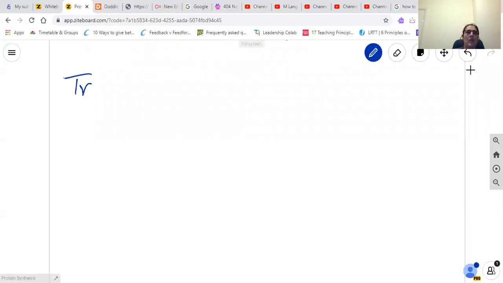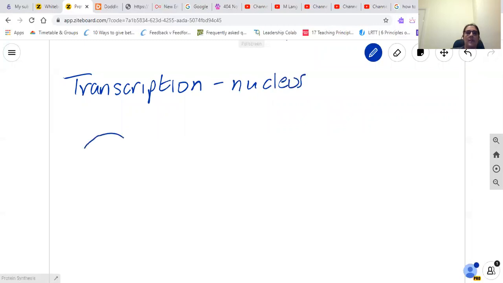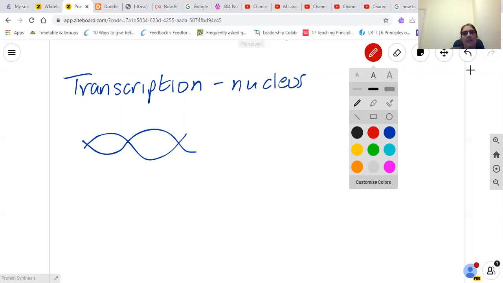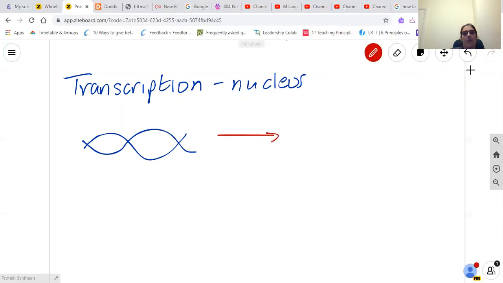So if we look at the process of transcription first, transcription takes place inside the nucleus. So you start off with your piece of DNA. And the first thing that's going to have to happen to your piece of DNA is you're going to have to separate that piece so that the two strands will separate.